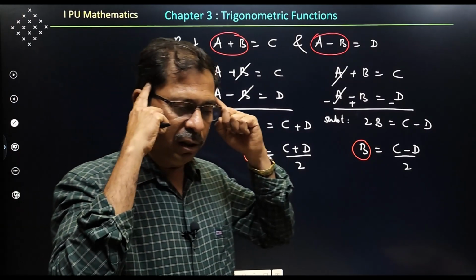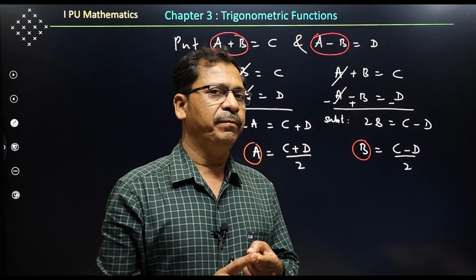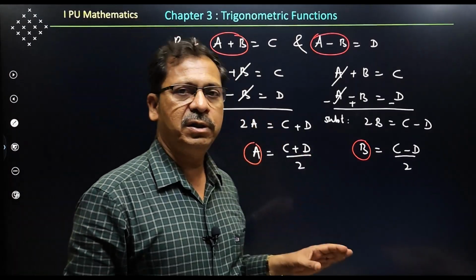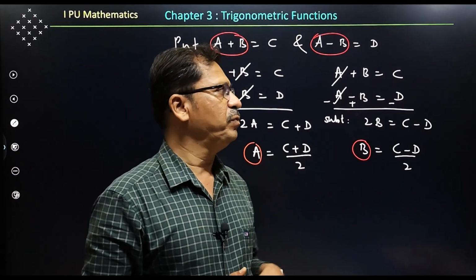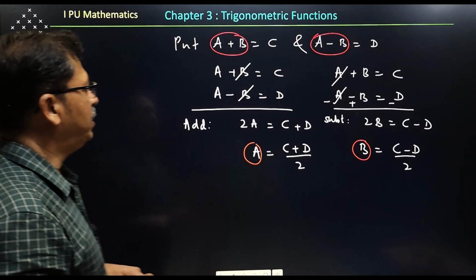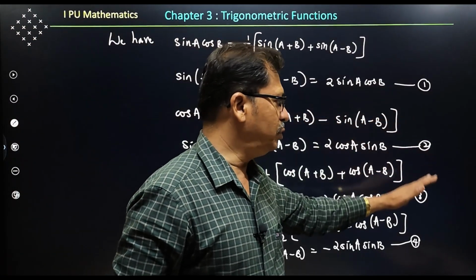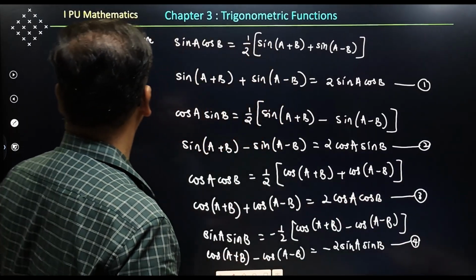So you need to remember A plus B equal to C, A minus B equal to D. Next, A equal to C plus D divided by 2 and B is equal to C minus D divided by 2. This is what you need to substitute in equations 1, 2, 3 and 4. You will get a new set of rules.